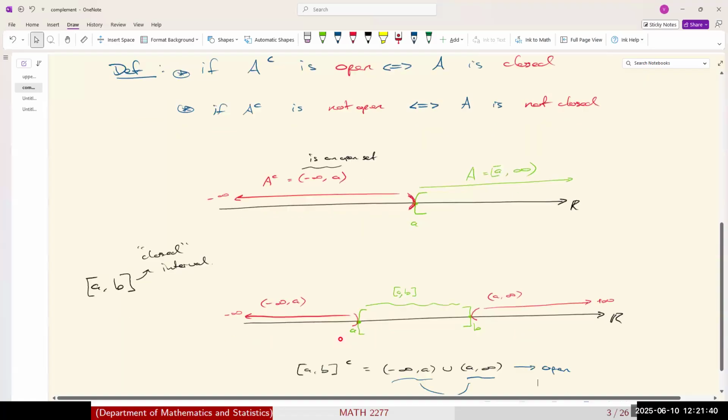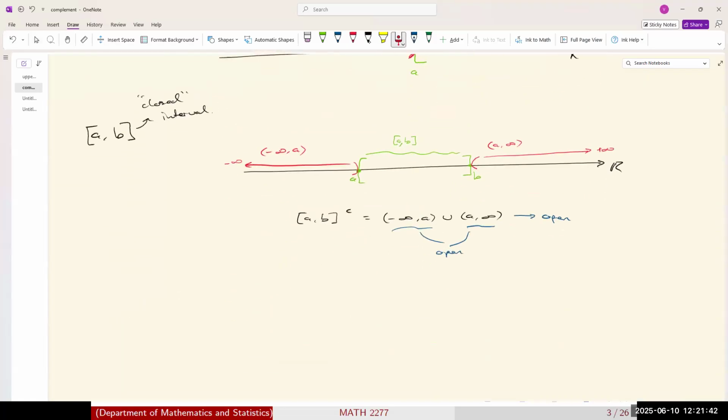Again, if it's possible to draw the picture, it's a good idea to do it. So here's R, and the set is just one point, x. That's a set, just x alone. I'll put here, A is the singleton set {x}, and these are called singleton sets.